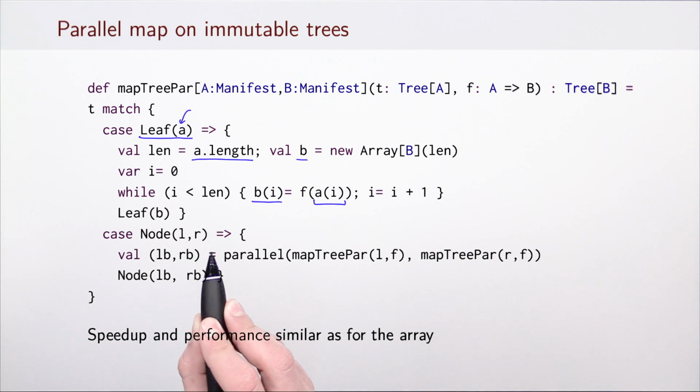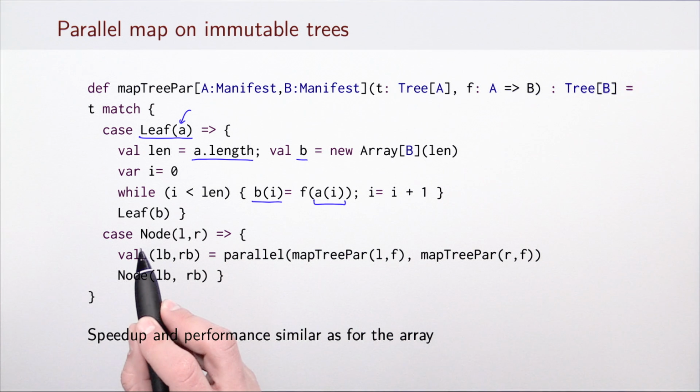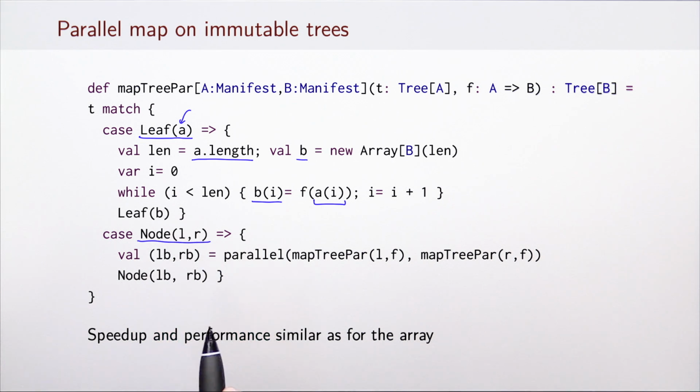The idea is that these array segments are small enough that it would not pay off to perform this map in parallel. The benefits of parallelization are obtained in the nodes of the tree. A node has a left and right subtree, and we simply invoke the parallel map recursively on the left and on the right subtree.